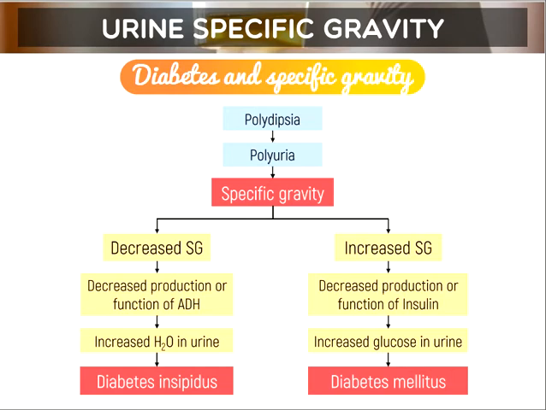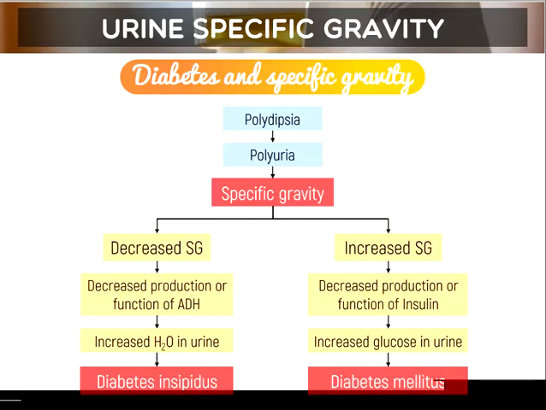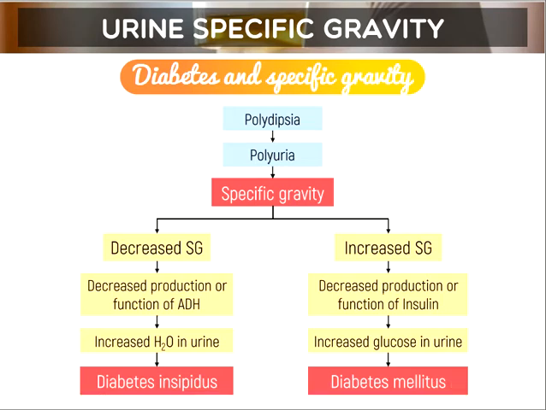That is the answer to my earlier question about Sg in diabetic patients. It can be either diabetes insipidus or mellitus. In diabetes mellitus, there is polydipsia and polyuria, and the Sg is increased because of increased glucose in the urine. Glucose is a macromolecule, so normally it does not pass into the urine; so the specific gravity increases because of the weight of the glucose present in the urine.